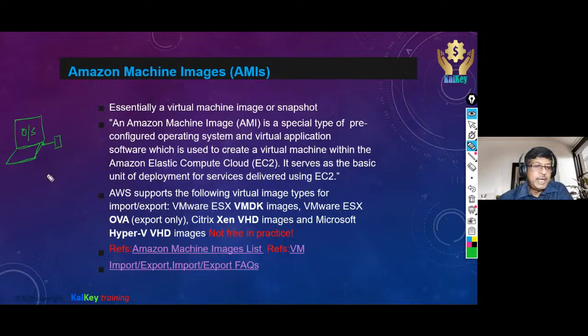This machine cannot work on its own if it does not have an operating system. So you are creating a server, an EC2 instance, but you cannot build a server without having an AMI, Amazon Machine Image. Image is the buzzword. And when we learn Docker, we will see how we can containerize an application into an image.